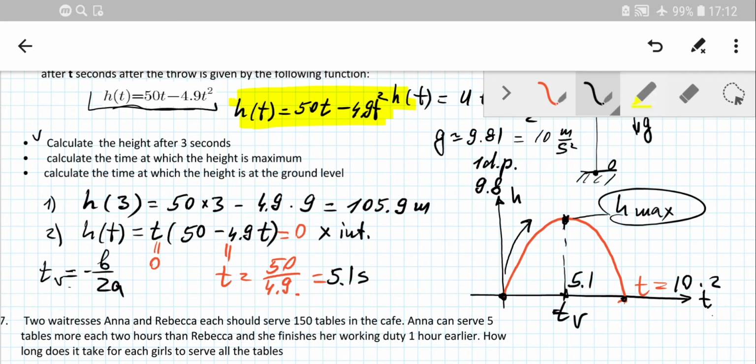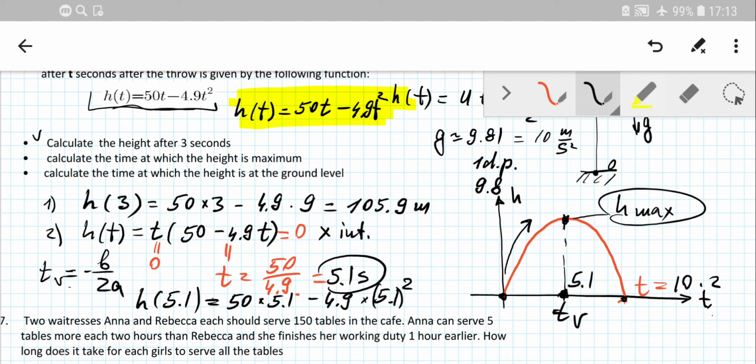So we are going to calculate the maximum height. Instead of using the vertex form, we can simply plug this value into h. We know at this time the maximum height occurs, so we put 5.1 seconds into the function.